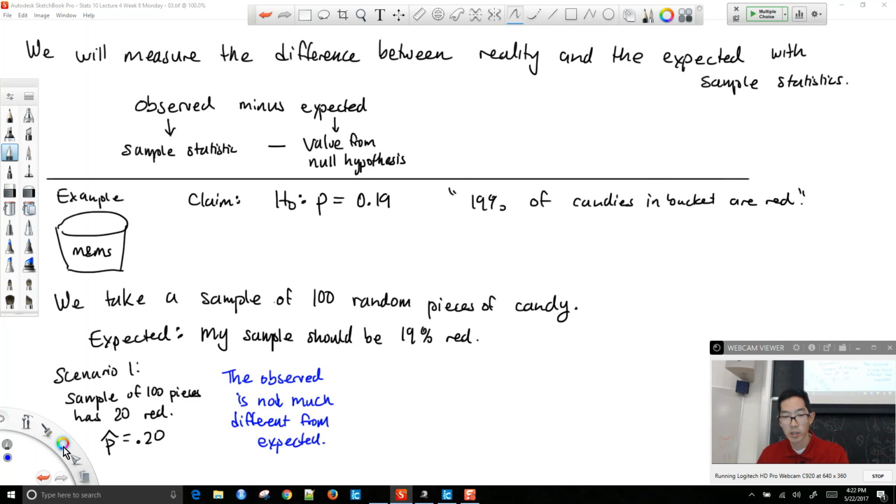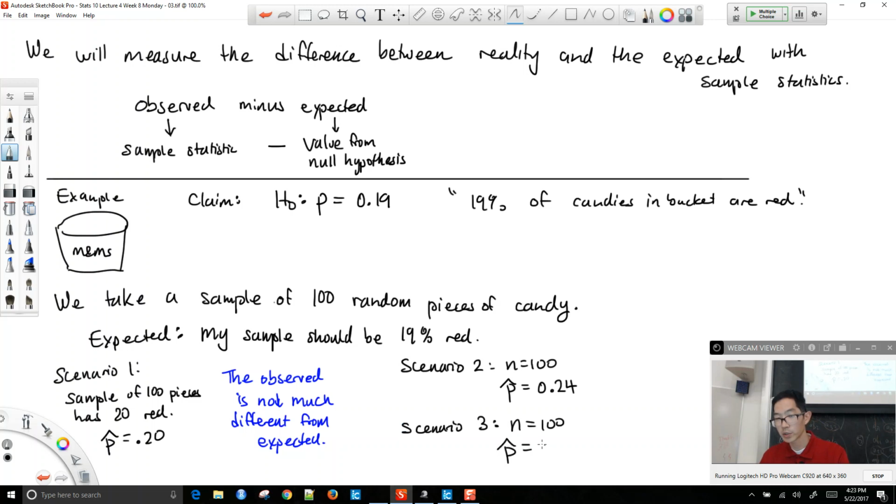Okay. All right, but then I'll say scenario 2. Let's say we have n equal to 100 and p hat is 0.24, versus scenario 3, n equal to 100 and p hat equal to 31%, okay?